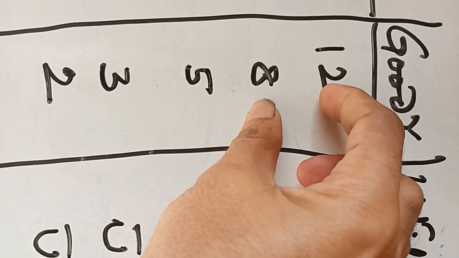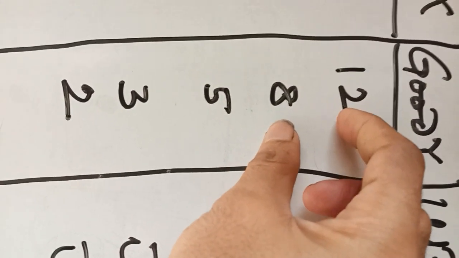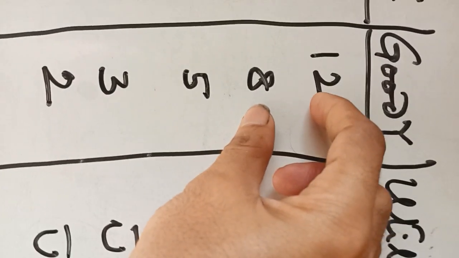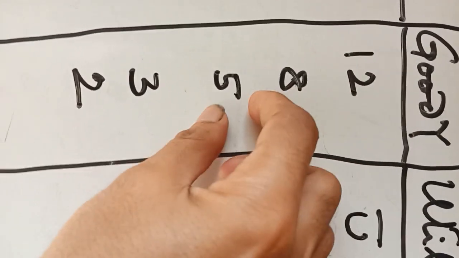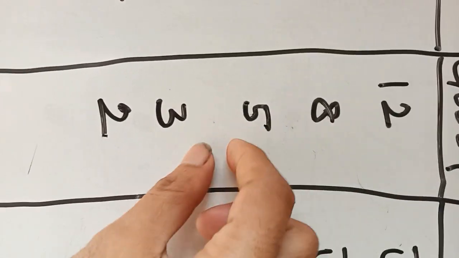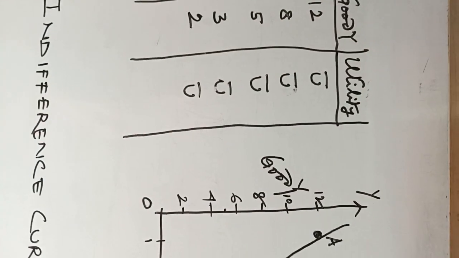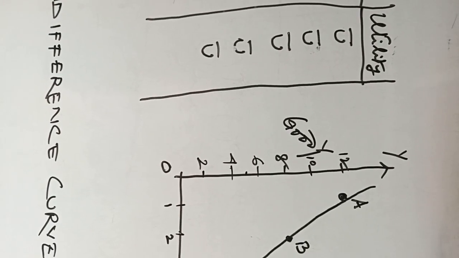The amount of reduction of good Y, that is the sacrifice, that is the MRS, is decreasing. 4, 3, 2, 1.